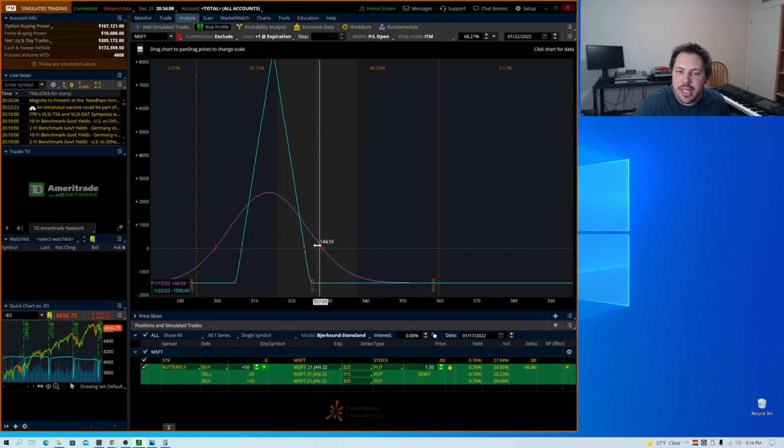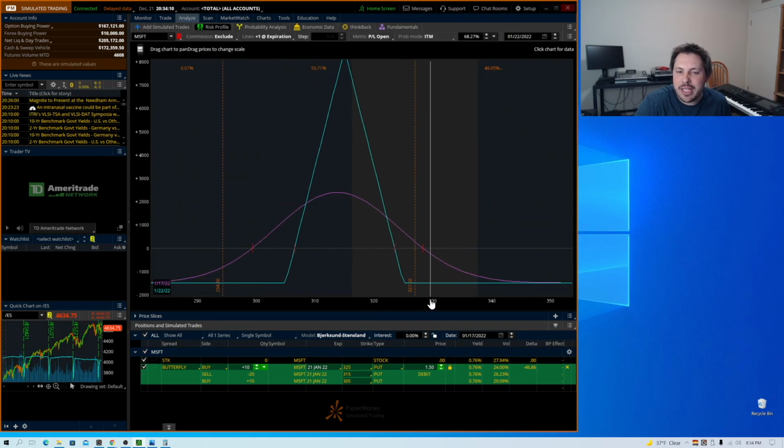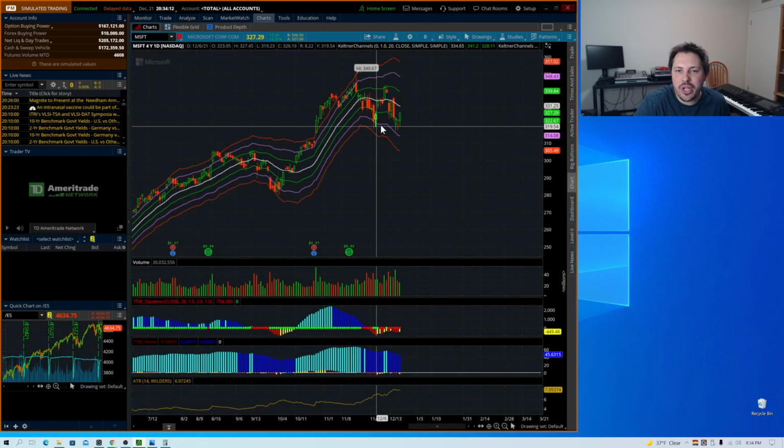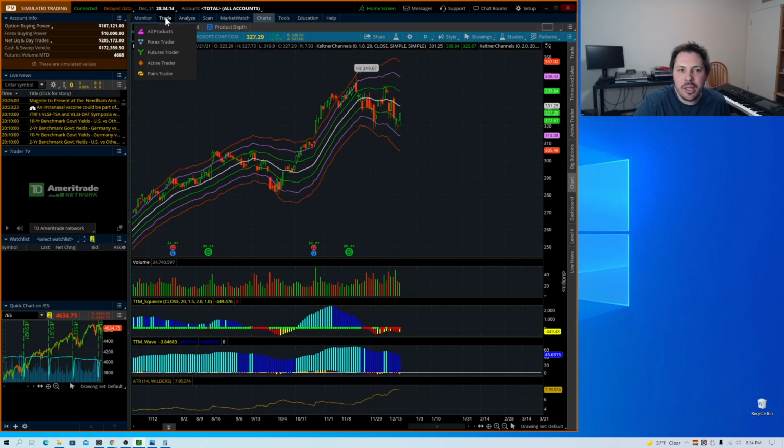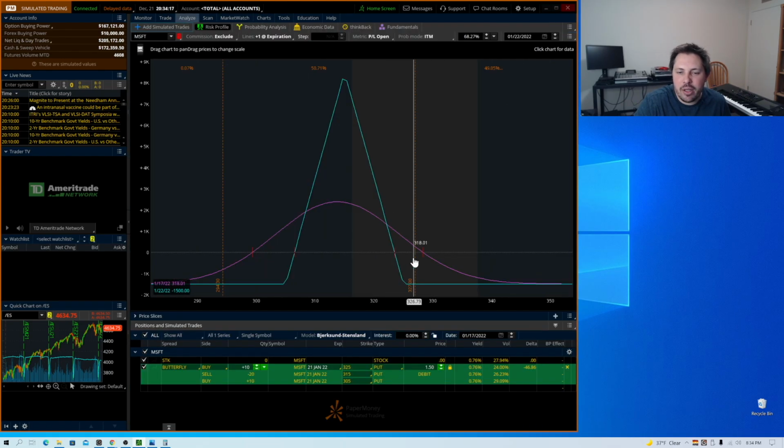Important to understand, there's no guarantees. Just as easily as we make the assumption that Microsoft could go down, Microsoft could just as easily rally and we would lose our $1,500, right?